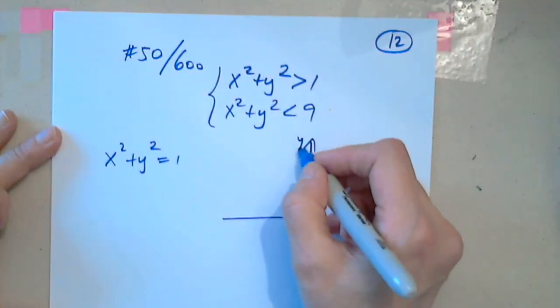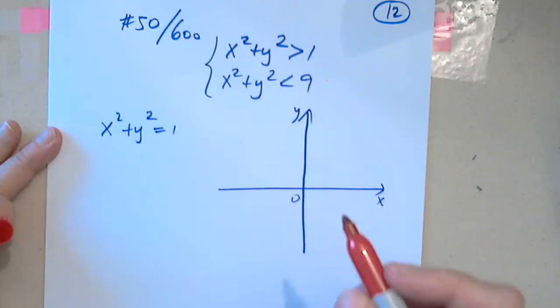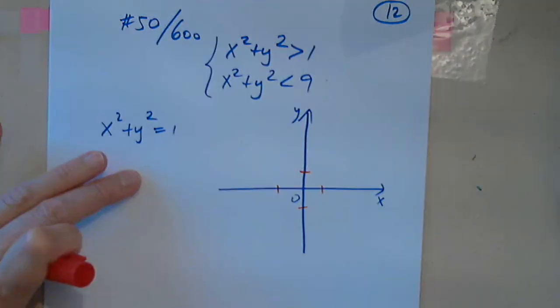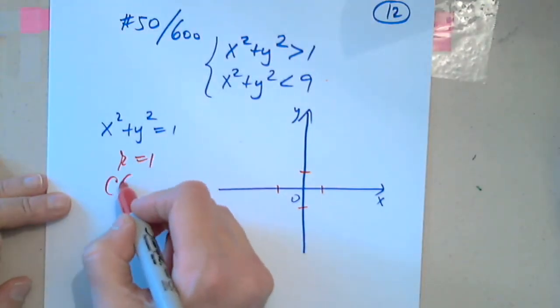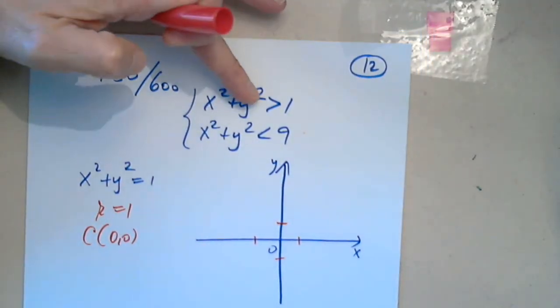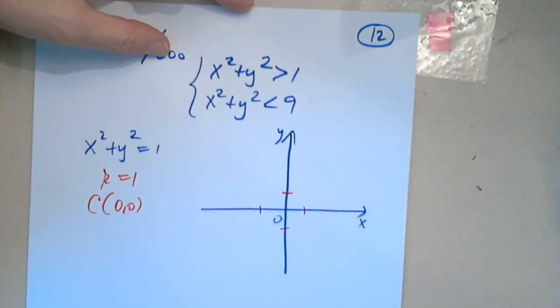Yes, with the origin being the center and the radius being 1. Radius is 1, center 0, 0. Perfect. So do I graph it as a solid curve or not? Not a solid curve? Very good. It's not.